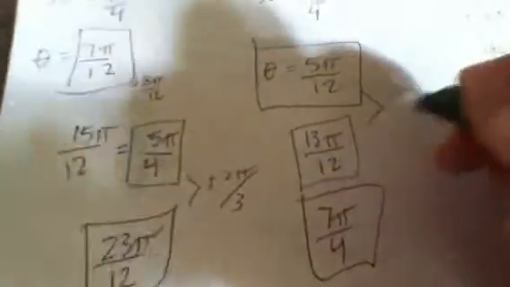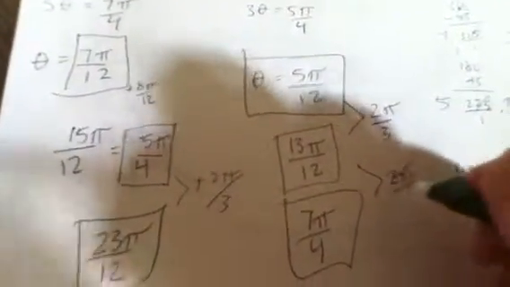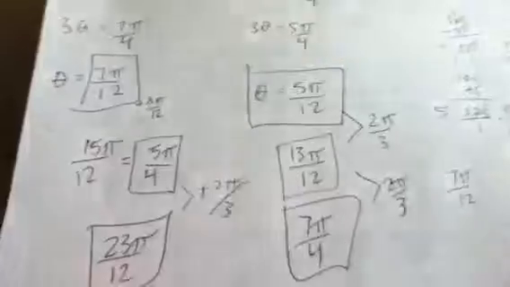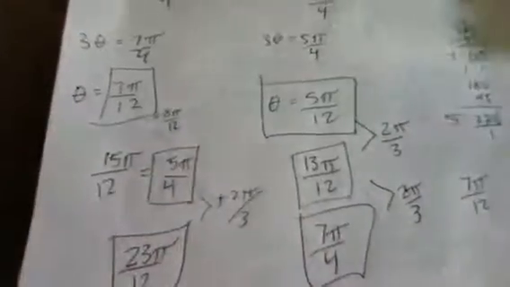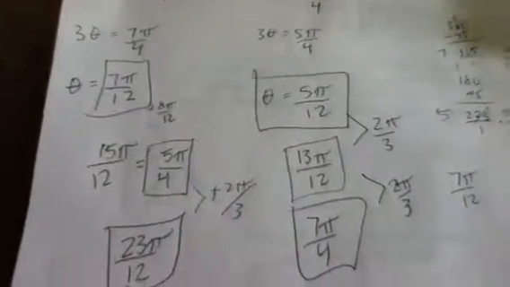And then keep adding 2 pi over 3 and then add it again. Again, you can just use your calculator, or you can do fraction math and common denominators. Those are your 6 answers right there.